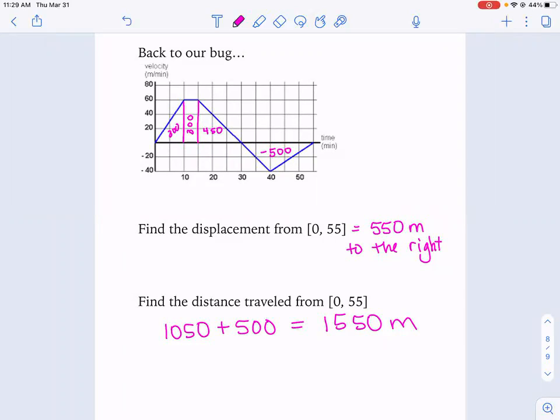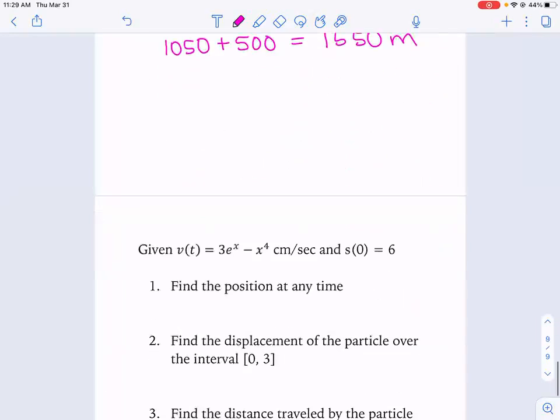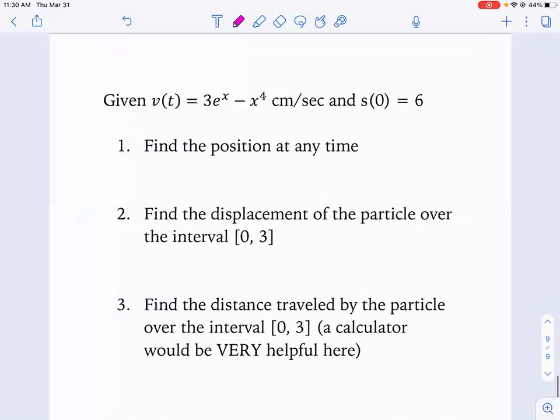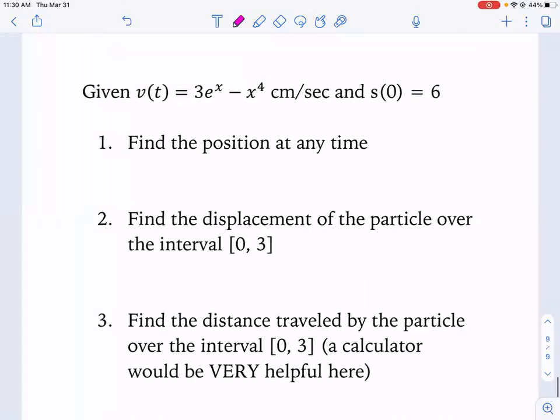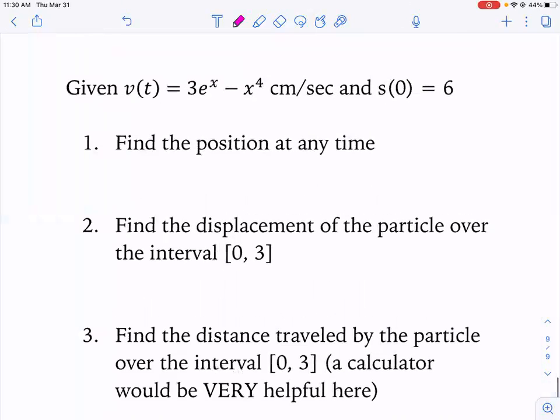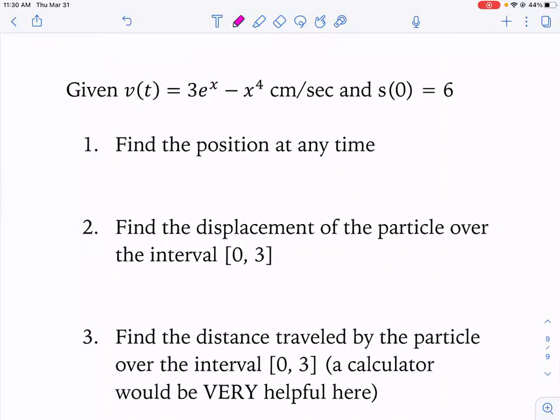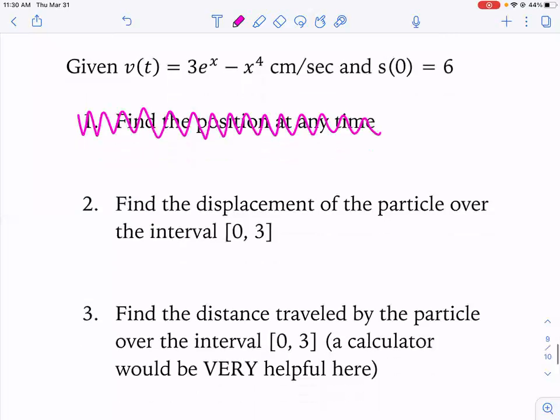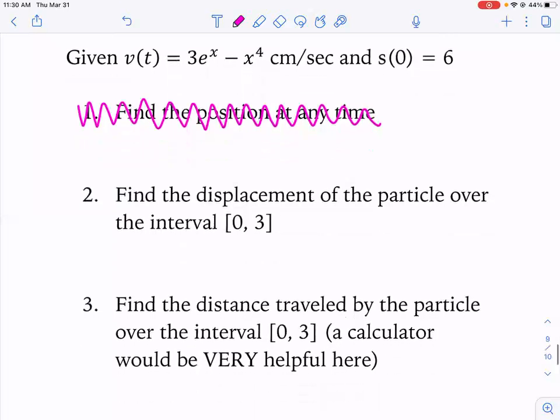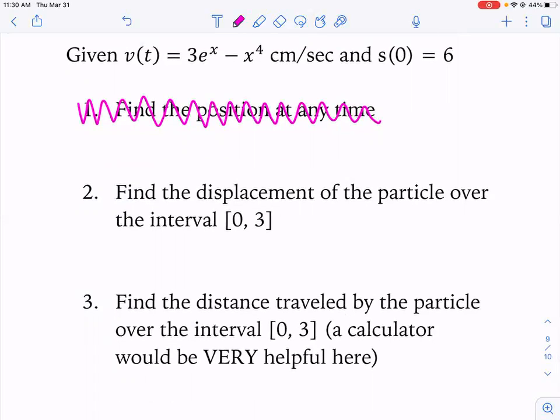Okay, let's use your calculators. Get them out. Find the displacement of the particle over the interval 0 to 3.